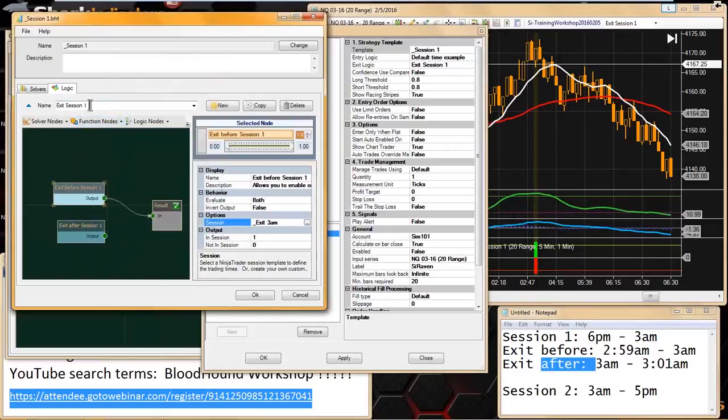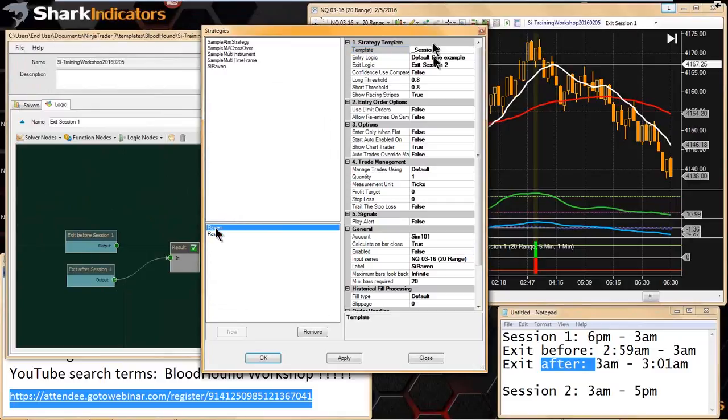I've set my exit for session 1 to exit before 3 a.m. And then session 2, I set up to exit after session 2. So there you go.